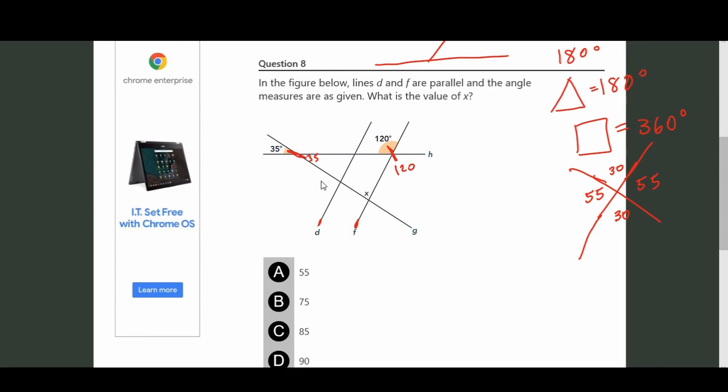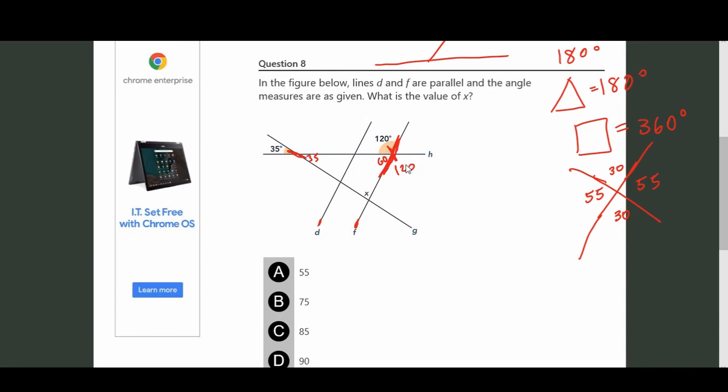Okay? Now let's use the fact that all angles that form a straight line add up to 180 degrees. As we can see, we have a straight line right here. If this angle is 120 degrees, this one is simply going to be 60 degrees. Again, 60 plus 120 is going to be 180.